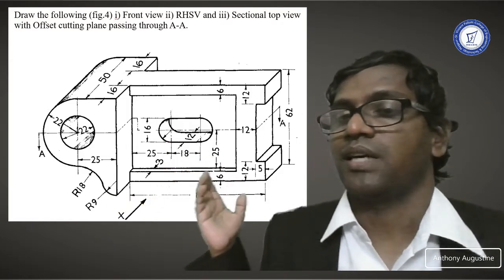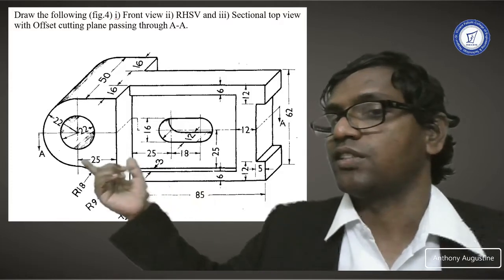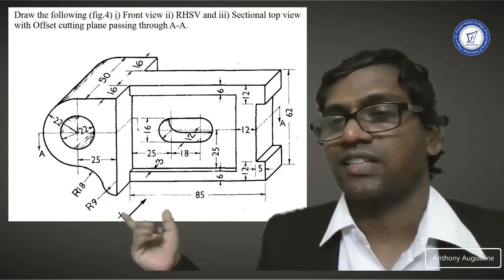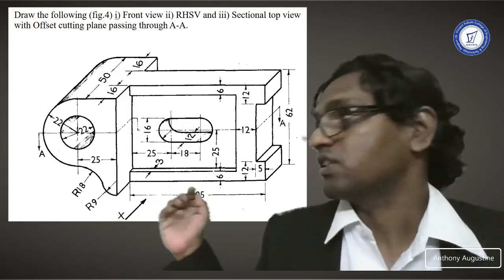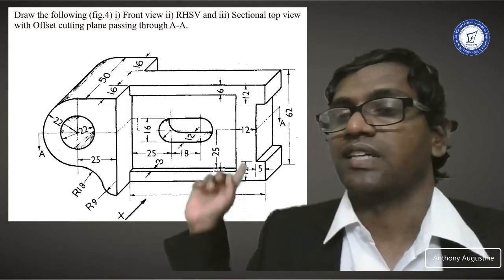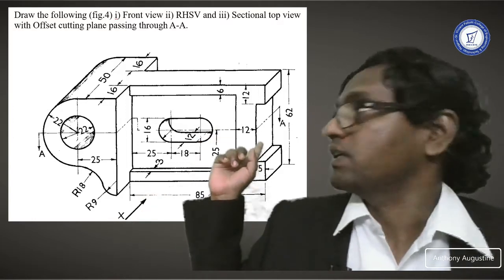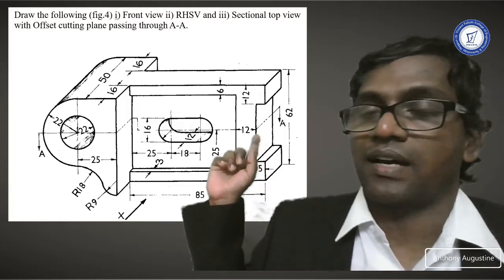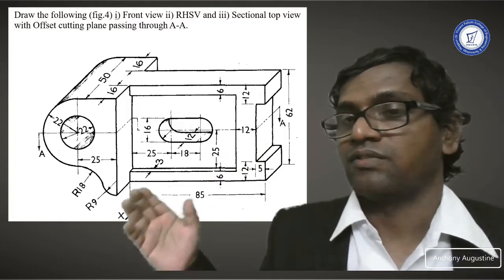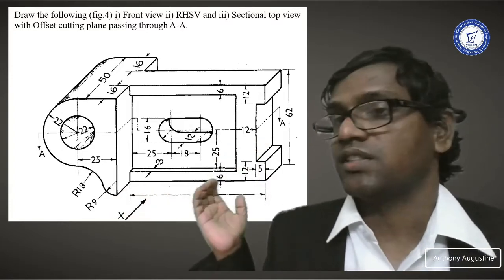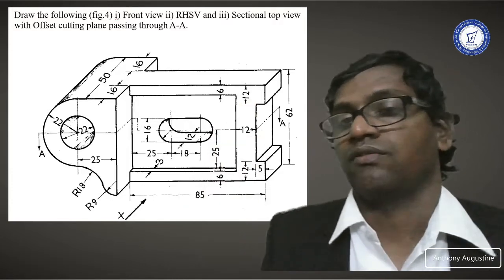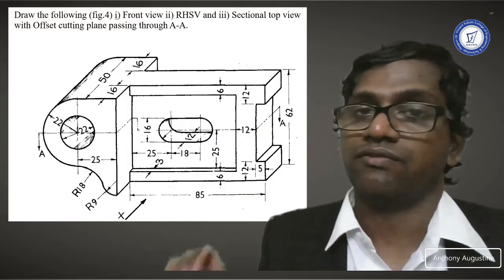The maximum dimension of this front face is 22 plus 25 plus this 85, that is 132, while the vertical height is 62. So we have the maximum dimension 132 by 62, the dimensions of the layout for the front view.